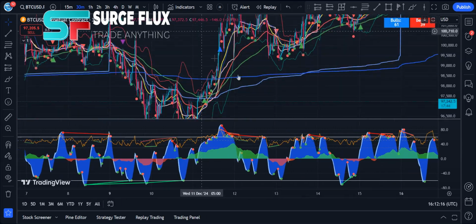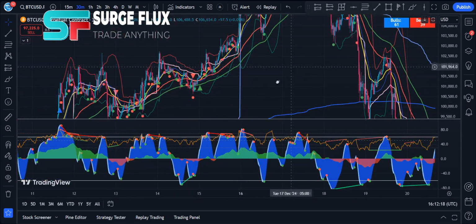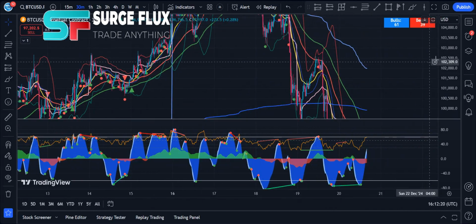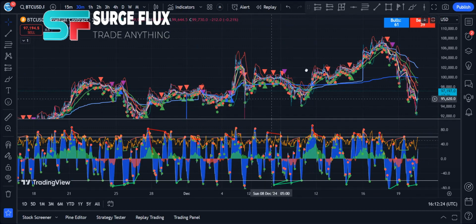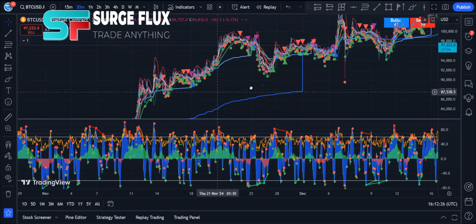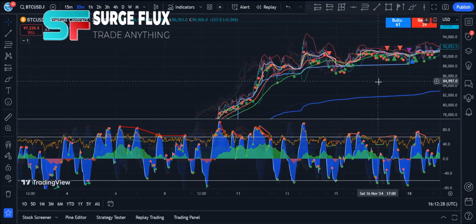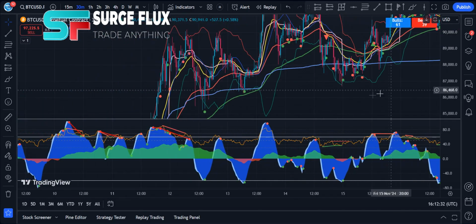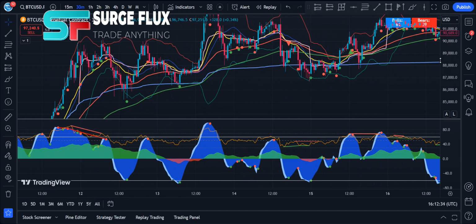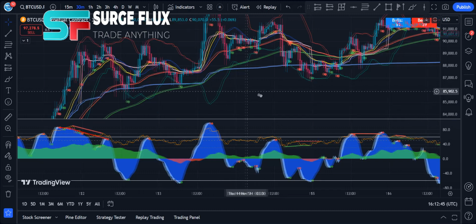Now let me find the right moment. Okay, so let's start looking somewhere from here. So for this strategy, you need to turn on in your Surge Flux A indicator the Bollinger Bands, the EMAs, and that's about it.